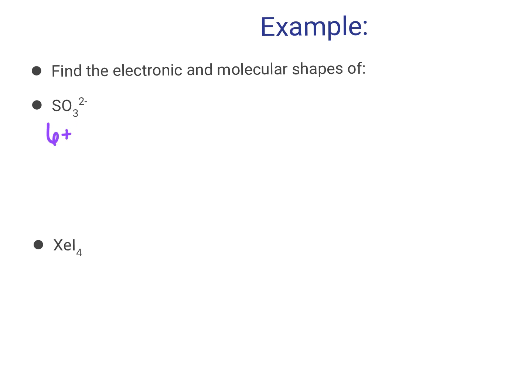And how many oxygens are there? And then what does this little -2 charge mean? It gained 2 electrons, so you need to add 2 to your count. So how many total electrons are there? 26. Good.